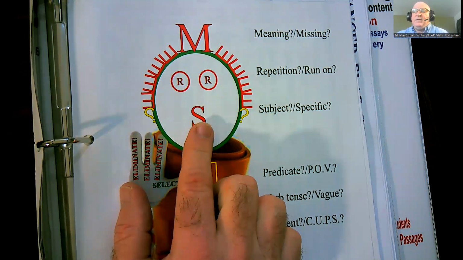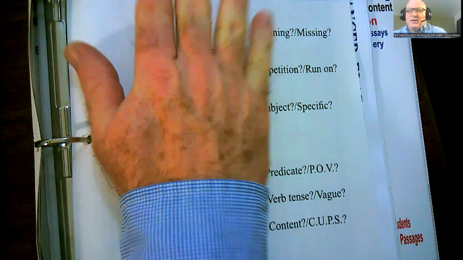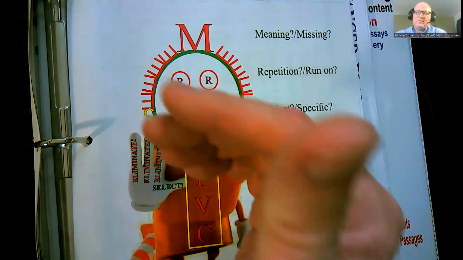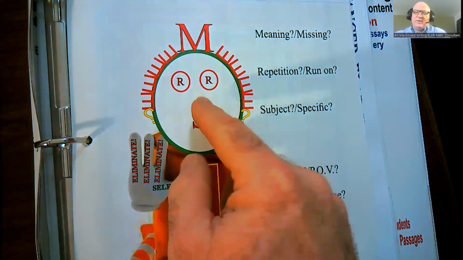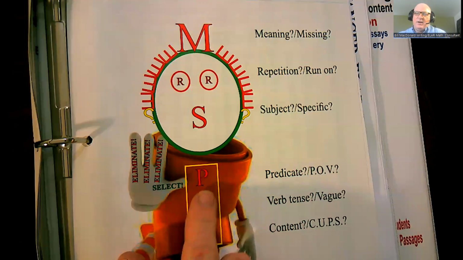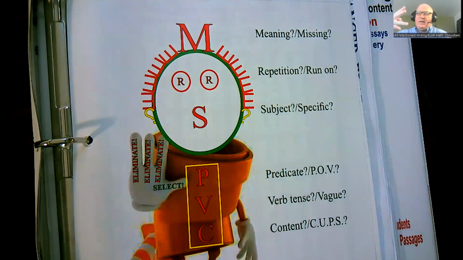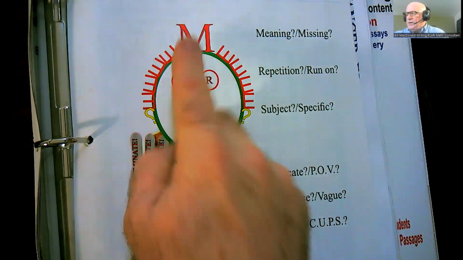The S of Mrs. P.V.C. If the subject is missing, if the head is not there of the sentence, because a sentence has to have a subject and a predicate. So if one of those is missing, we eliminate. And so I made her hair.